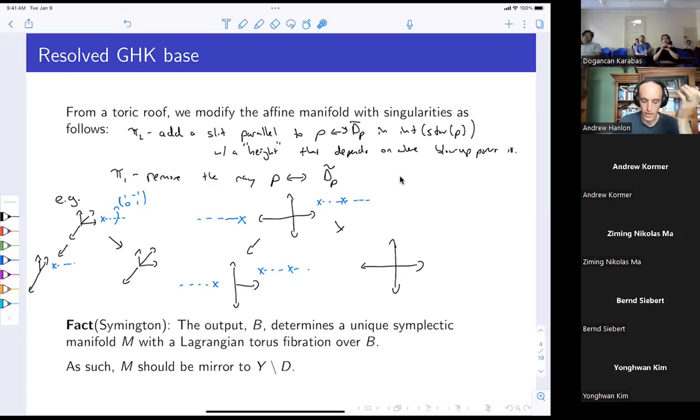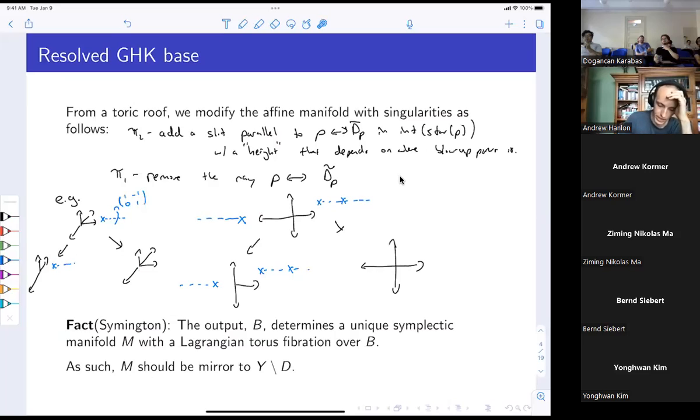And as such, if you believe that this comes from some SYZ type fibration on Y, then this allows you to produce, essentially for free from this data, what the mirror to Y minus D should be as a symplectic manifold.